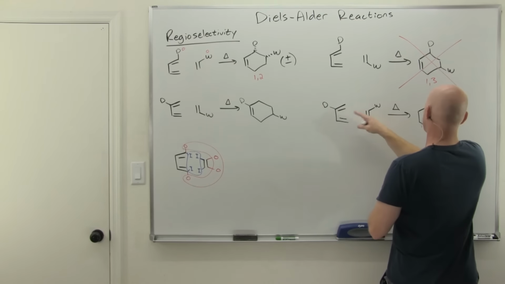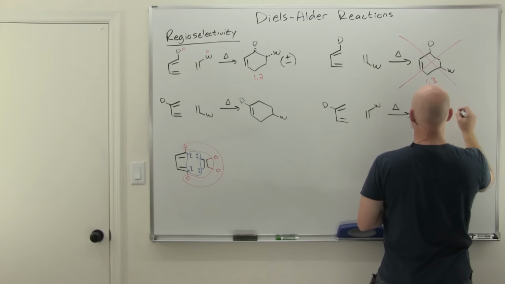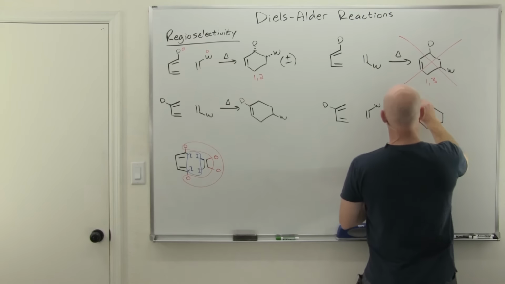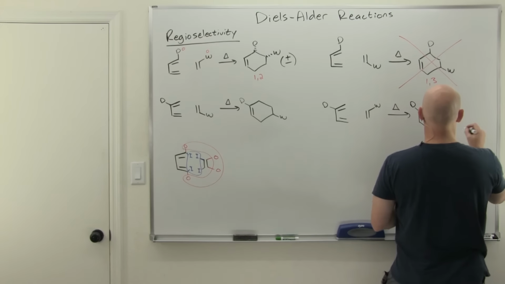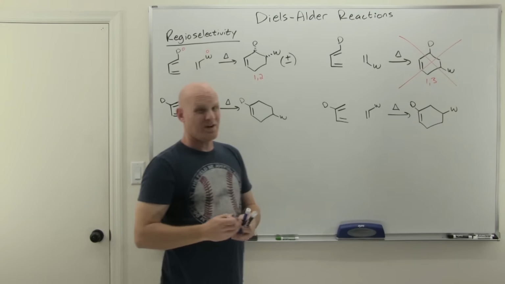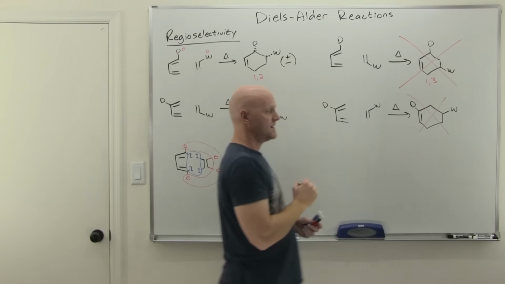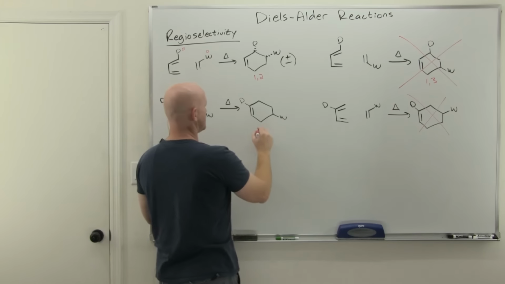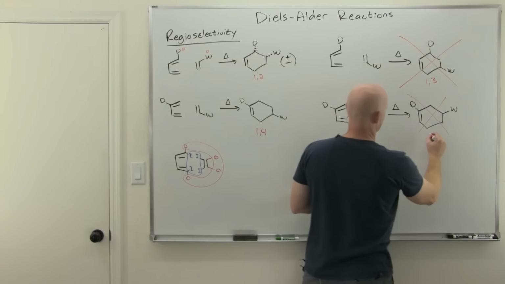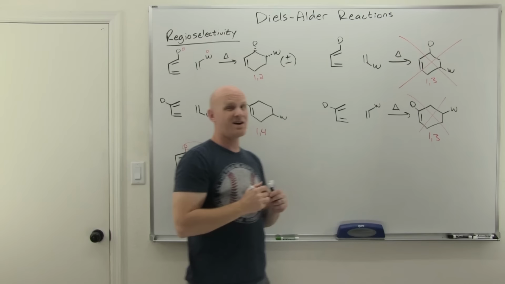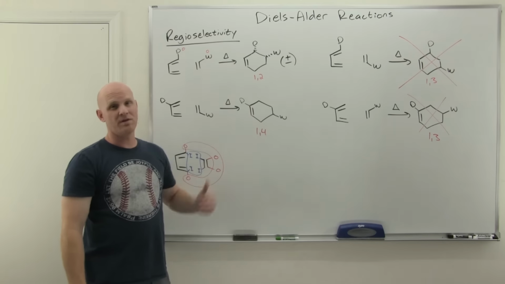If it reacts in this conformation, when the reactants are related to each other in that conformation, then you'd get this product. Once again, it turns out you're not going to get this one, the 1,3. In this example, you had the option of getting the 1,4 or the 1,3, and it turns out the 1,3 is not observed. You only get the 1,4.